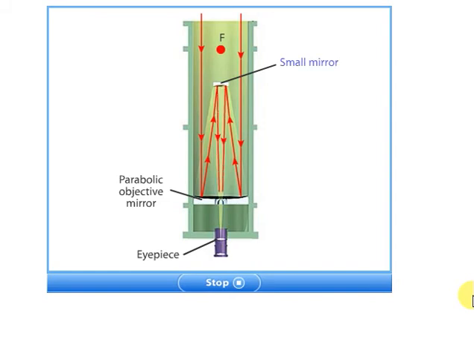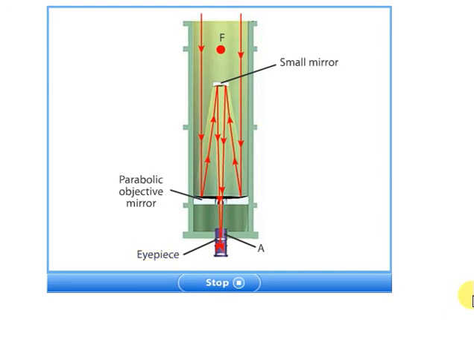However, a small curved mirror that lies in the path of the light rays reflects the light back toward the center of the objective mirror. The light then passes through a very small hole in the center of the objective mirror and comes to a focus at point A. An eyepiece near point A magnifies the image.